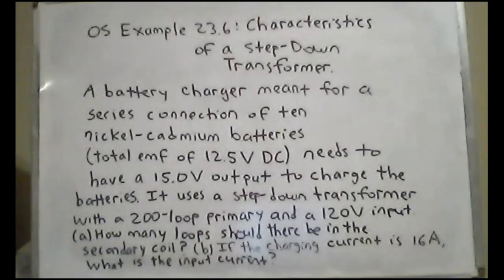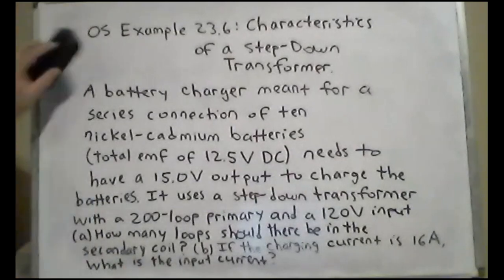How many loops should there be in the secondary coil? That's N sub S. If the charging current is 16 amperes, what's the input current? The charging current is I sub S. We want the input current I sub P. That's all that reads. Let me erase all these words and let's write these in terms of values.